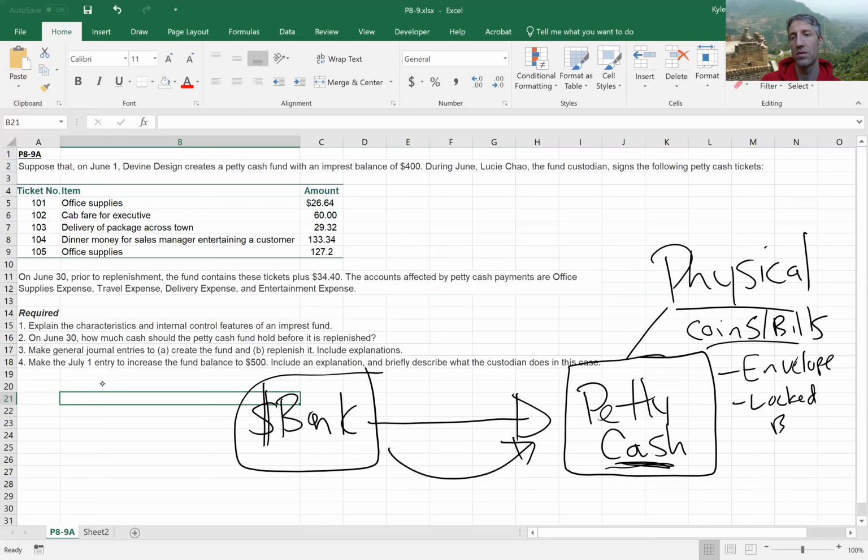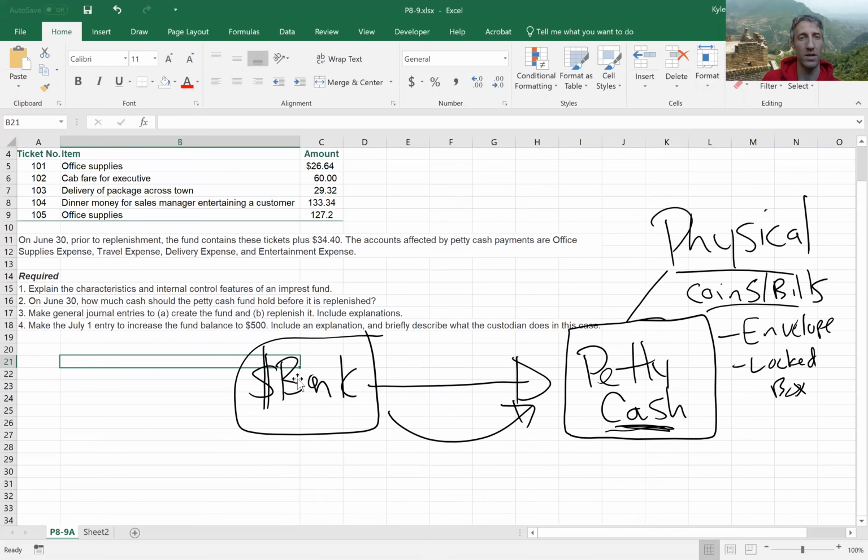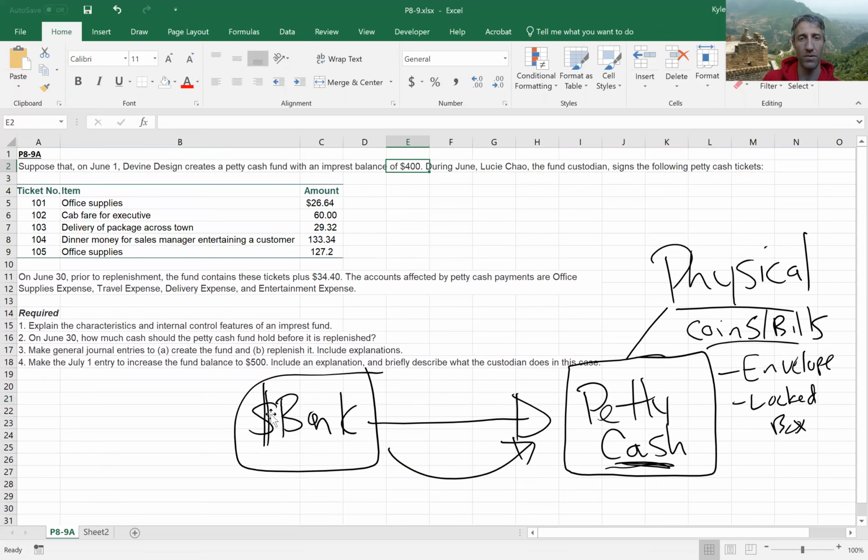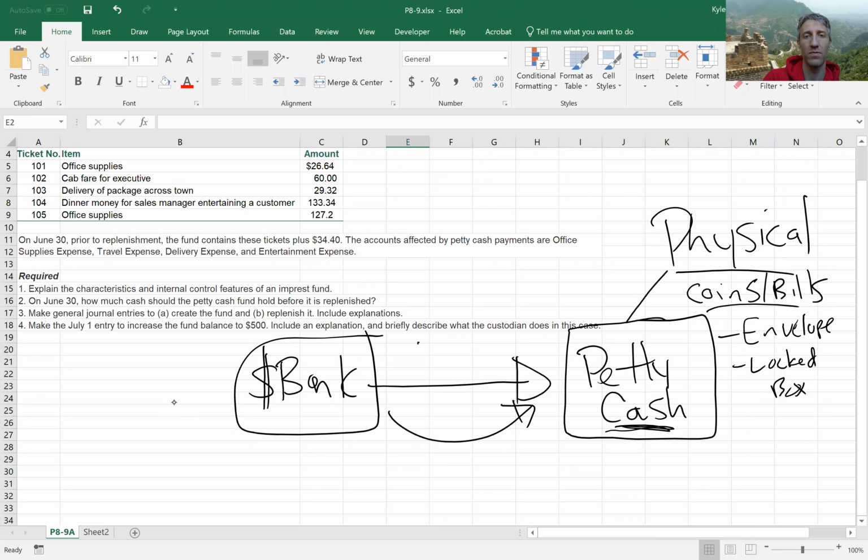So what happens is someone withdraws money from the bank account, and in this case, what was it? $400. So they withdrew $400 from the bank account and they put it in petty cash. So bank went down by 400, petty cash went up.